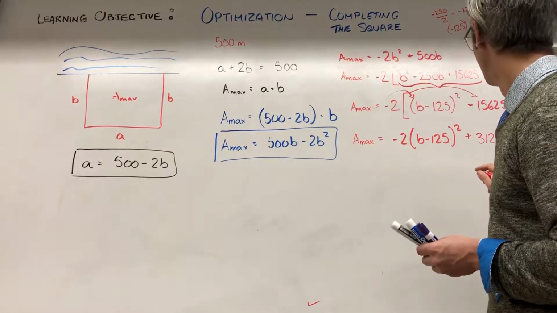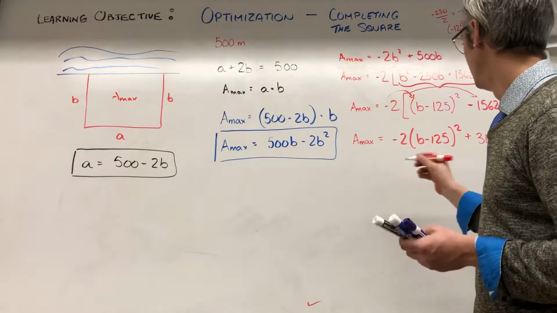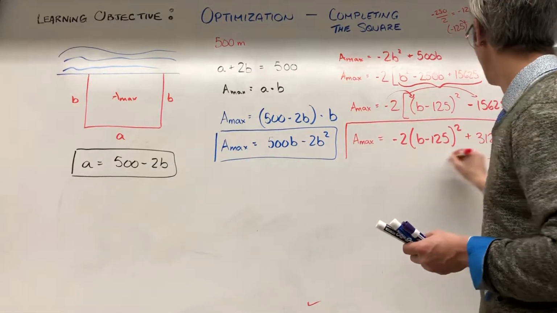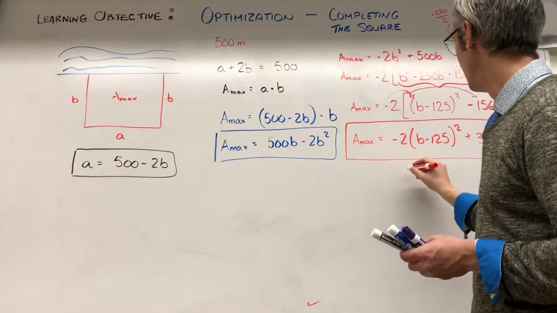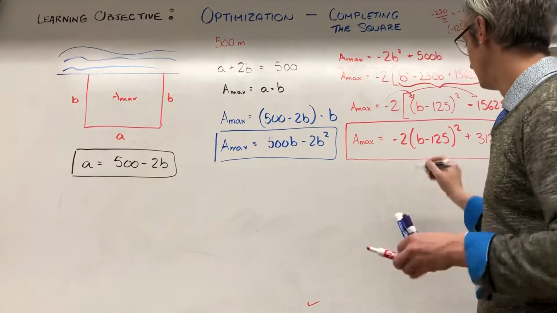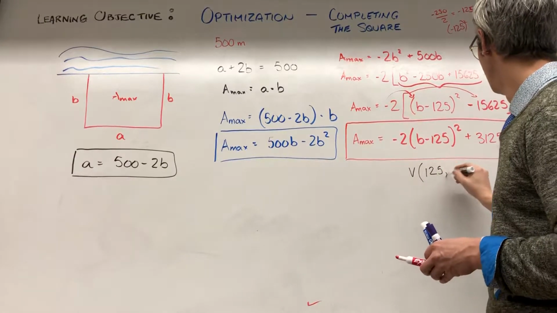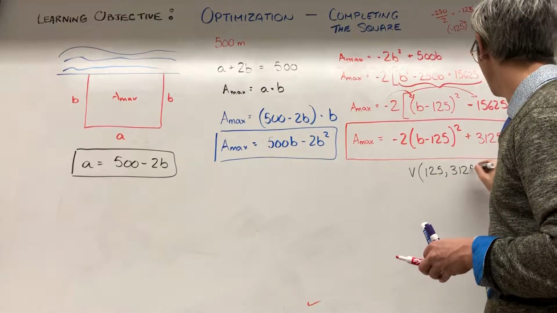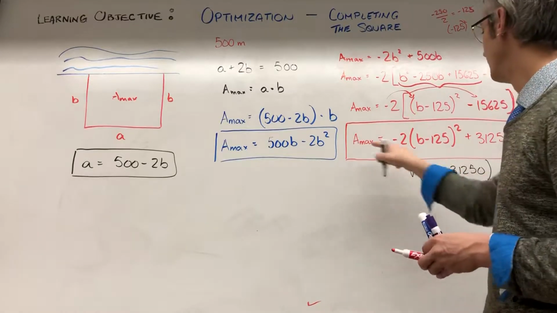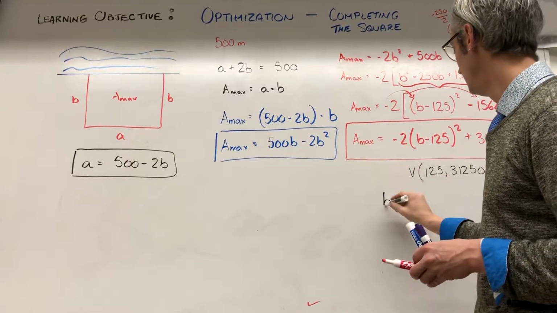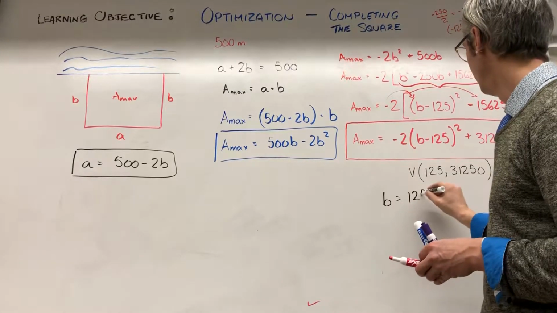Alrighty, and that is the formula for A max. So my vertex occurs at 125 and 31250. 31250 is my A max, and this is my B. So I get B is 125 meters.